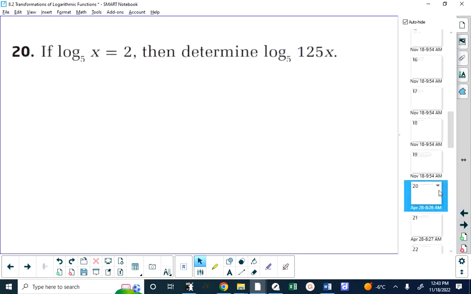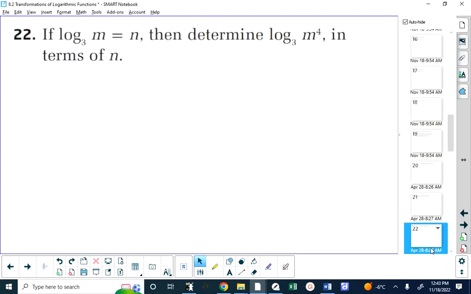By the time you get to questions like 21, 22, 23, 24, these are starting to become more challenging and more exam-worthy. You have log base 3 of m equals n, and you want to determine log base 3 of m to the 4 in terms of n.